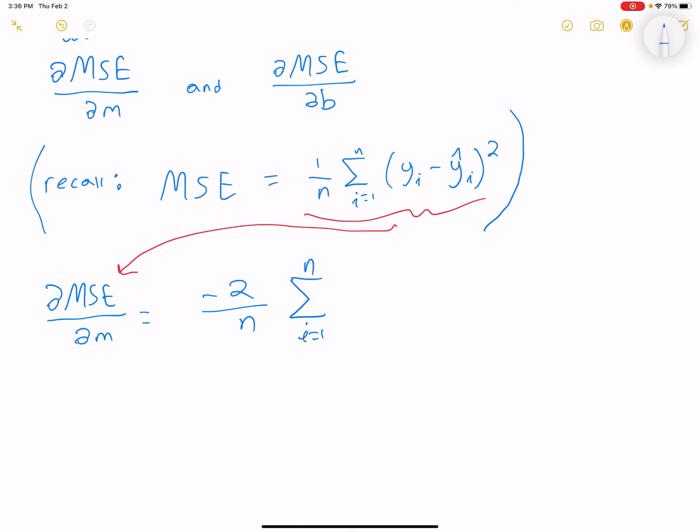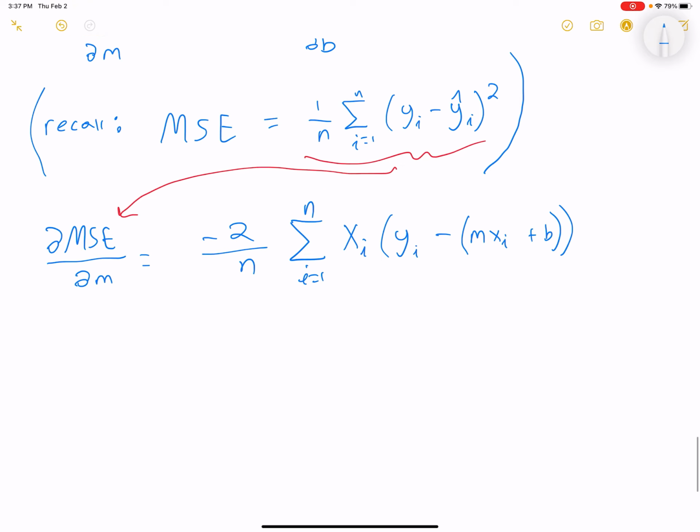Please don't memorize this because it's just a derivative and it's not really important. But in case you're curious, the derivative of the mean squared error with respect to m, where your model y hat is mx plus b, turns out to be that.